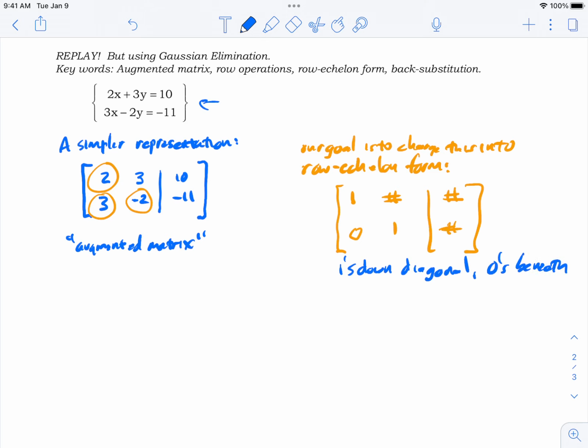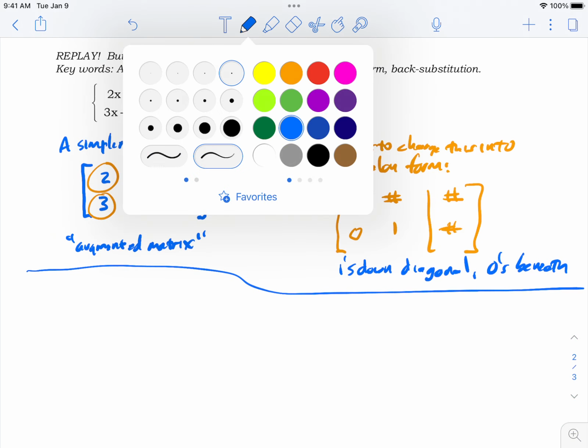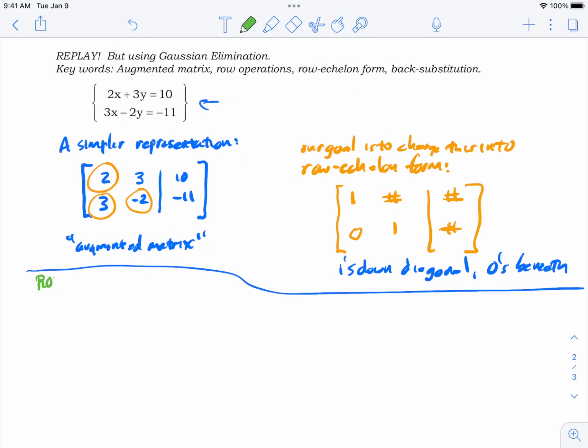Everything else can be whatever number it needs to be. That's our goal. And to get there, we do what's called row operations. Every time we change a row, we say, hey, we're doing a row operation. Let's do the row operations.